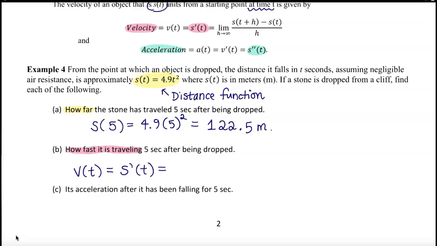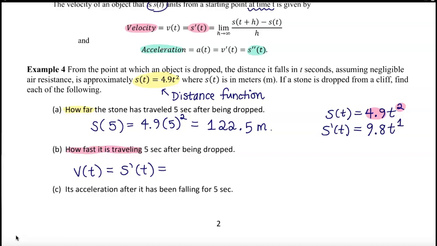of our distance function. So if the distance function is 4.9 t squared, the first derivative uses the power rule: we do 2 times 4.9, which is 9.8, and t is raised to the first power.